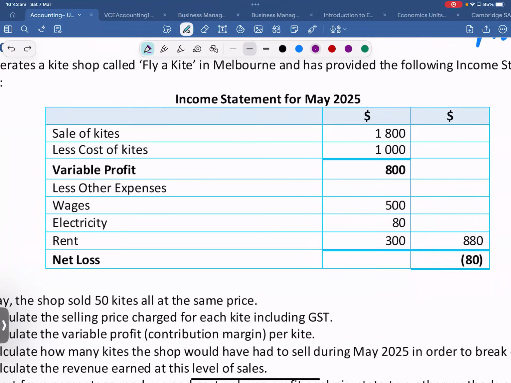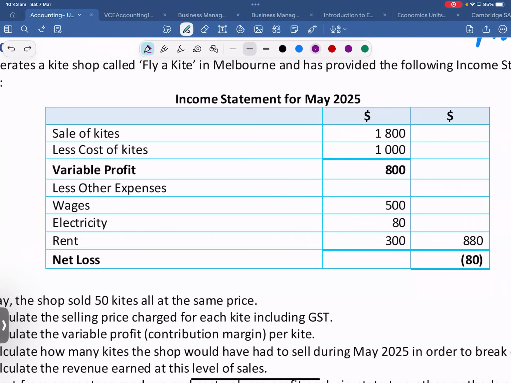I can't put it in my pocket, because it's not my money. I have to forward it to the ATO, the tax office. So GST cannot be identified as a revenue, and also it is not an expense. Our next lesson is GST, so I'm going to start that today.